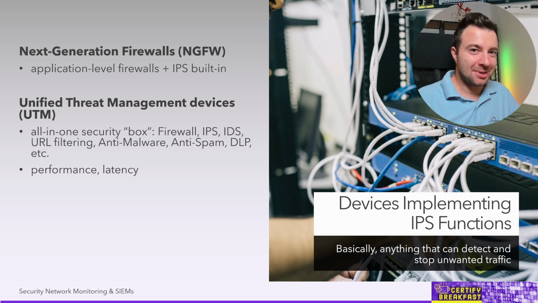Even though it sounds cool to have all this functionality in one place, it's going to hit your performance pretty badly, right? So keep this in mind. Don't just enable everything blindly, because the end users, the applications, and, well, God forbid, your paying customers, they're going to feel the effects of your awesome UTM device, and their application experience is going to suffer.